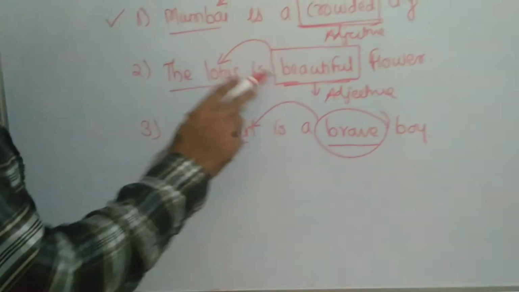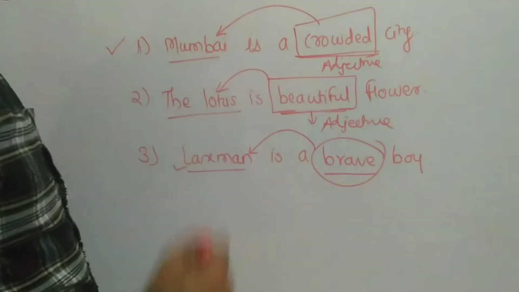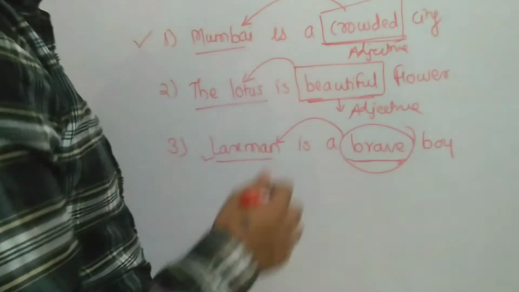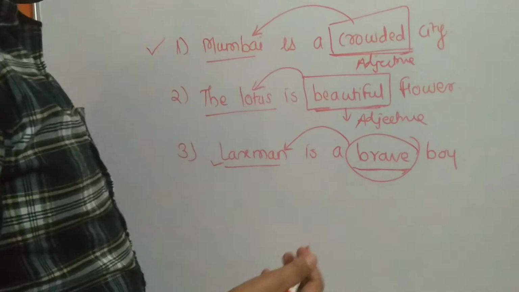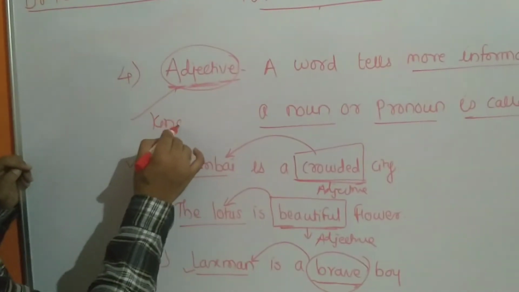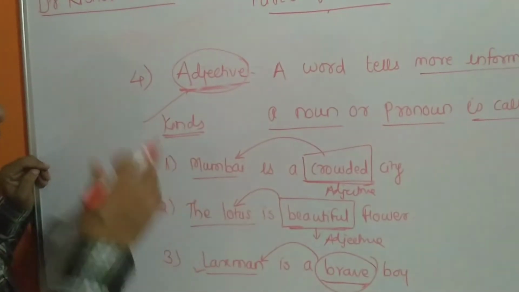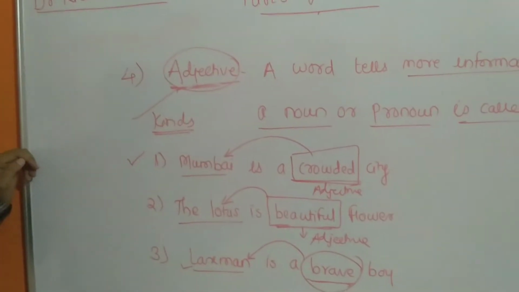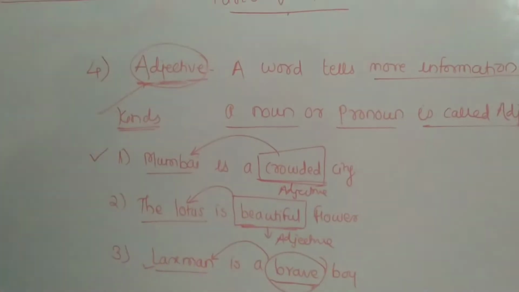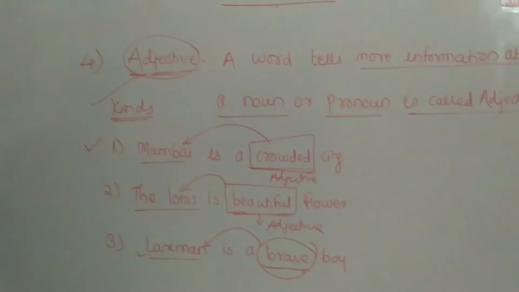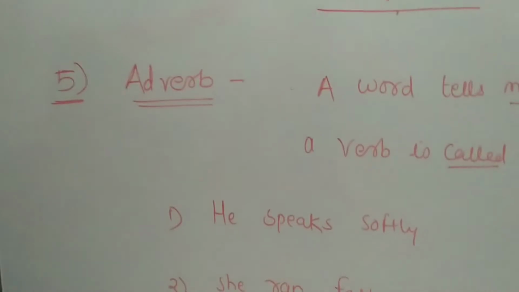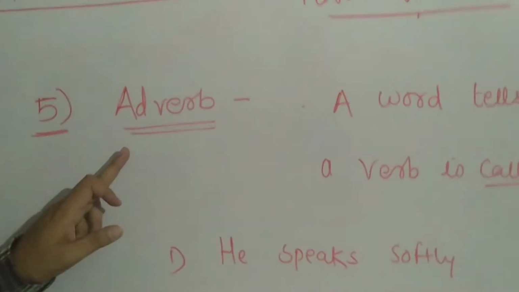So crowded, beautiful, brave are the adjectives. Now student, there are some kinds of adjective also, but before that we just gave the definition and examples, and we can see its kinds in the next video. Now the next part of speech is adverb.